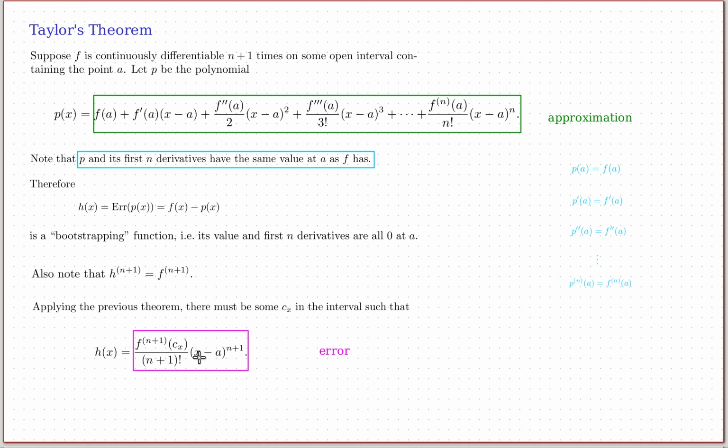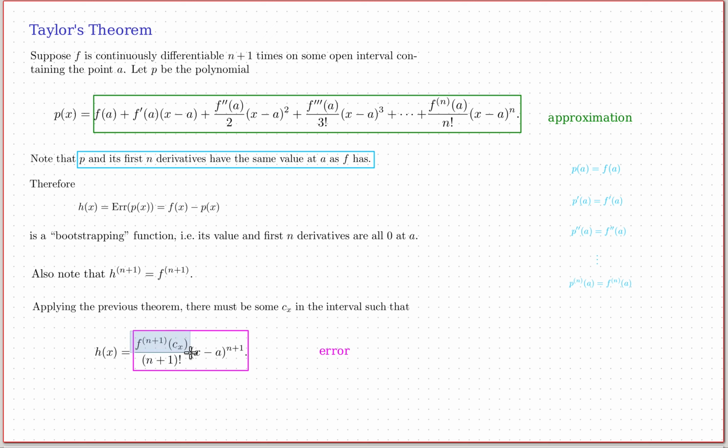And if you don't move too far away from a, like in particular if you're within 1 unit of a, then this quantity is going to get smaller. Even if you're not that close to a, n plus 1 factorial is going to increase faster than x minus a to the n plus 1 as n gets bigger, right? Because this just increases by a factor of x minus a for each increasing n, whereas this increases by a factor of n plus 1, right, which gets bigger.